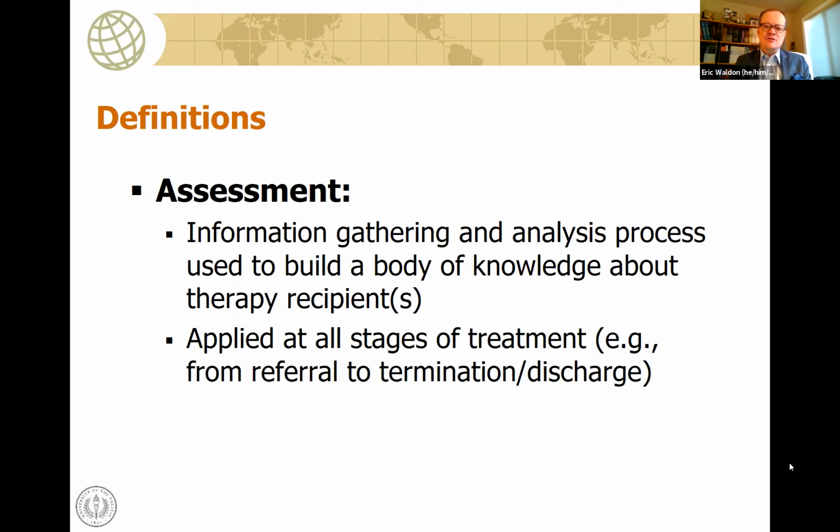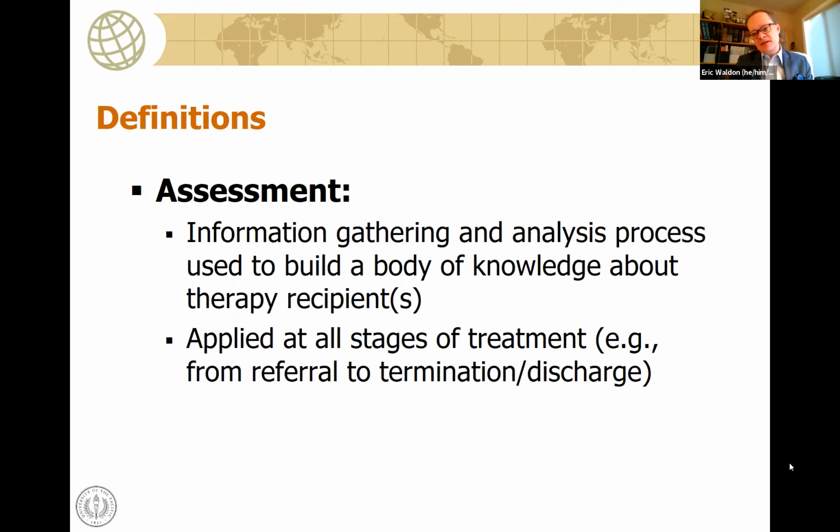And I like to distinguish this from research, where research is also an information gathering and analysis process. However, research adds to generalizable knowledge compared to clinical assessment, which is what we're talking about, which really builds a body of knowledge about a client or perhaps a group.